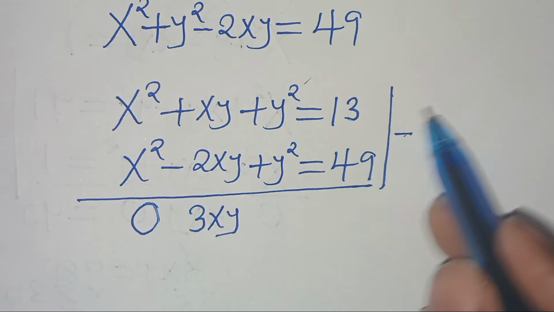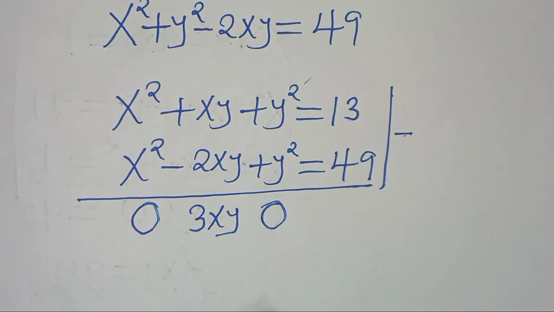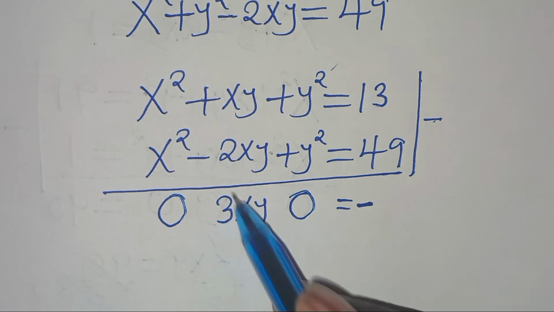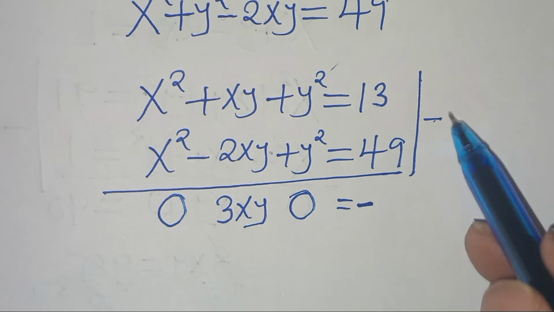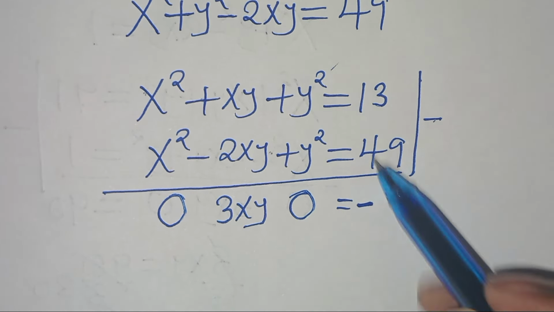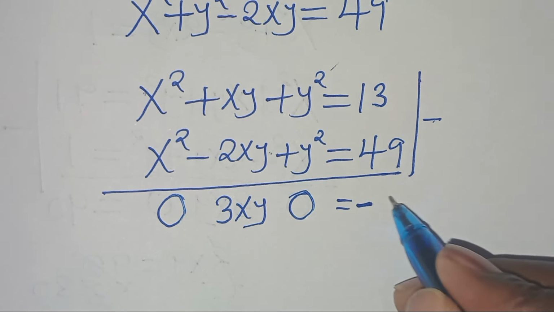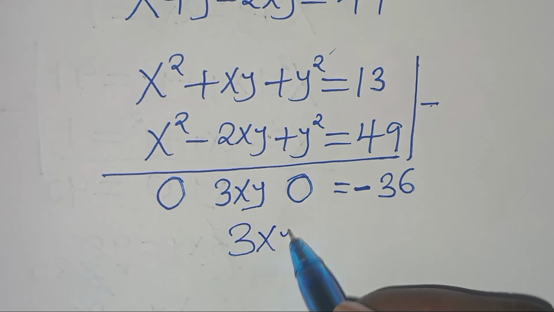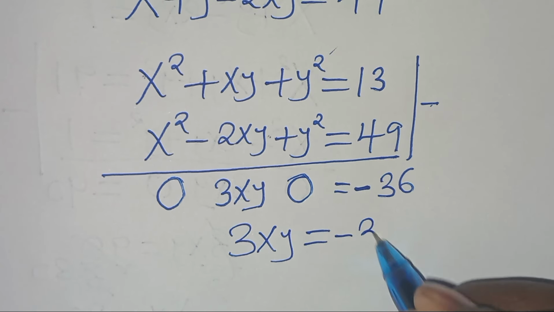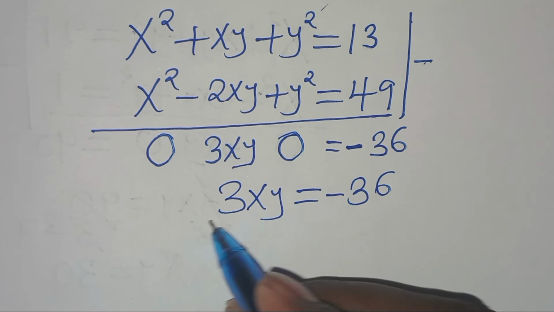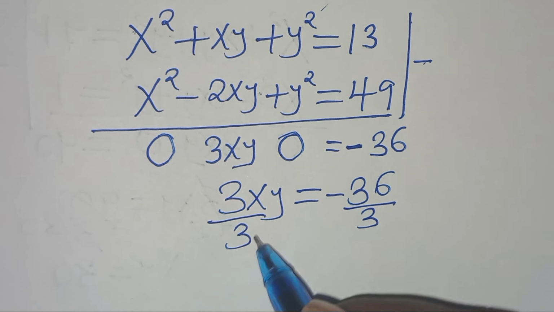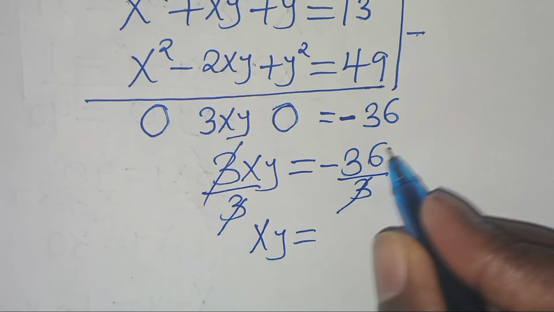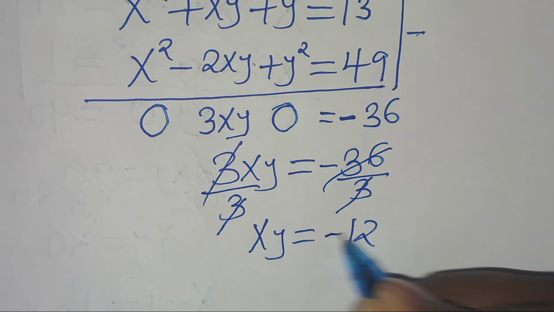Then y squared minus y squared is equal to 0. 13 minus 49, this is minus 36. So we have 3xy equal to minus 36. So let's divide both sides by 3, so that xy is equal to minus 12.